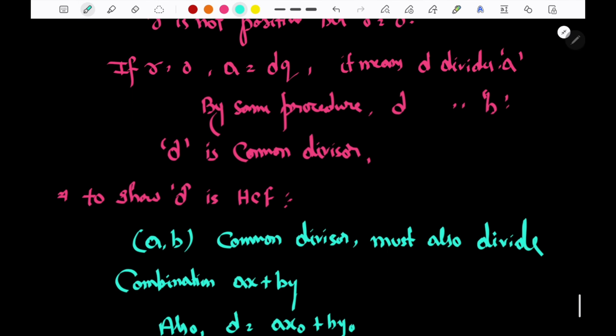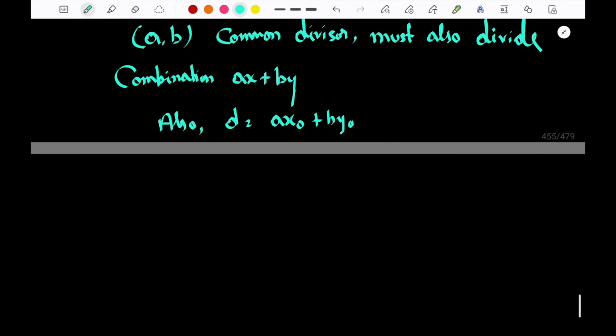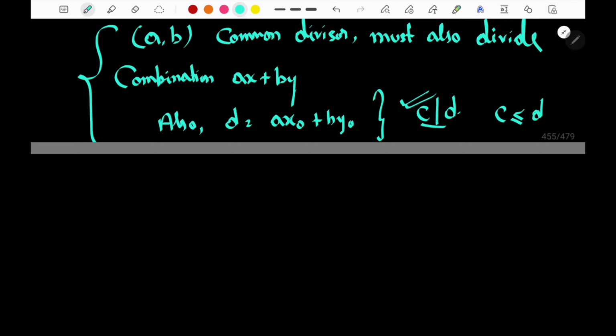It means d also divides both a and b, and we have already proved that. So what does this mean? It means c must divide d. c divides d. From these two conclusions, c is less than or equal to d. What does this imply?